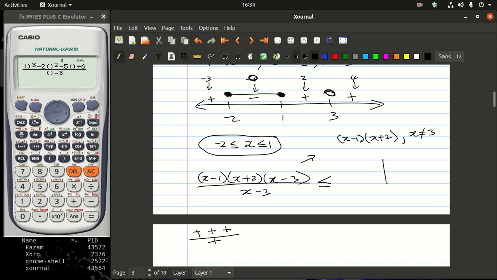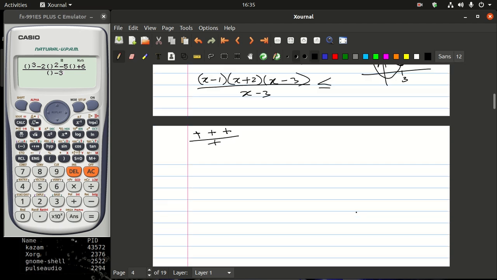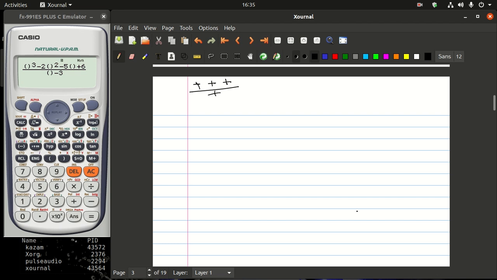So to plot this graph, it was supposed to be a graph of this type, but now when x is equal to 3 here, we're supposed to have a hole there. So there is no change in sign. That's what is basically happening here. So the shape will look like this, but at x equal to 3, you will end up having a hole. So that's all for the revision part of what we did Friday.